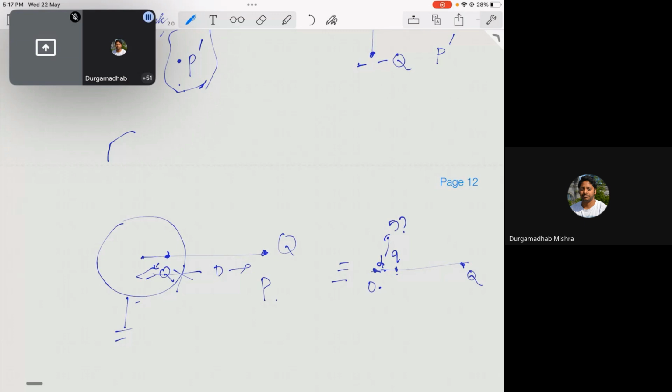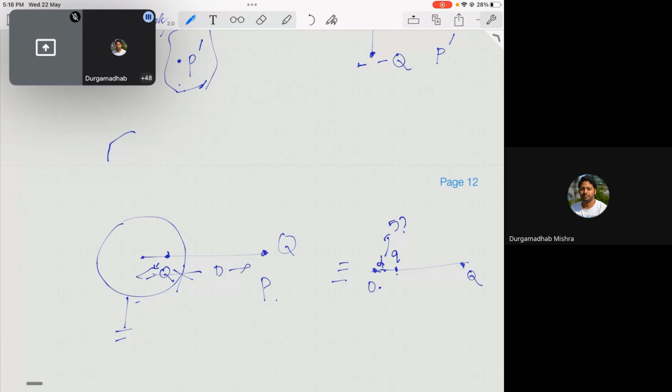Then I want to touch upon another aspect of electrostatics before going to magnetostatics. So far, most of the things we discuss in electrostatics are about conductors.